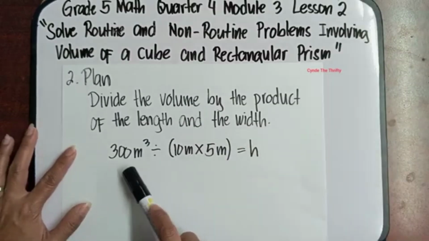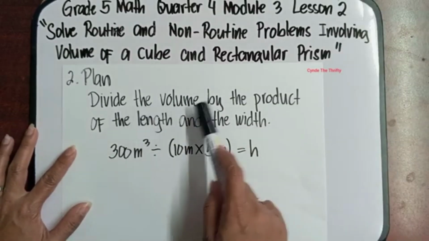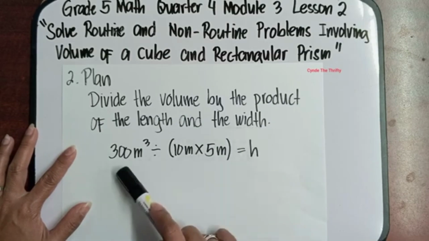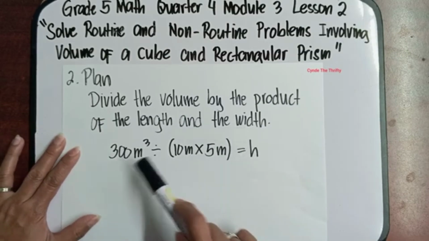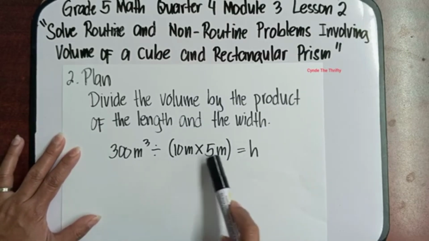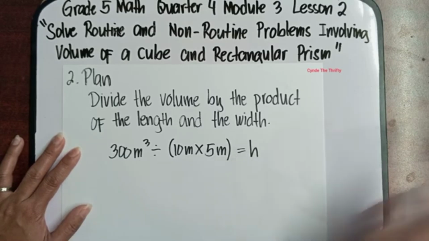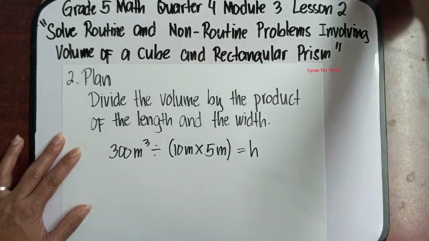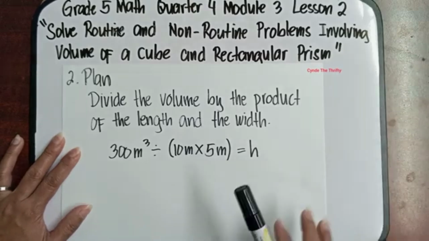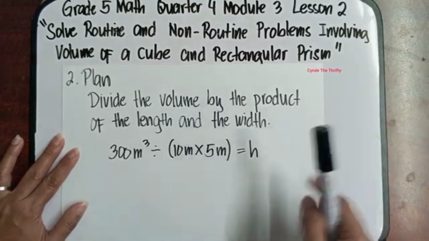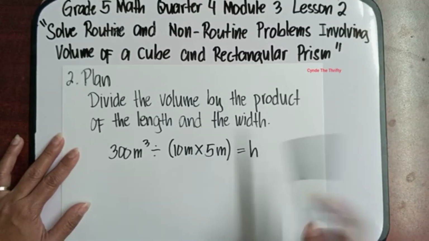So, 300 cubic meter divided by the product of the length and the width is equal to, ano yung hinahanap natin? Ang kanyang height. Kasi ang problem natin is how deep is the water tank, kung gaano kalalim. So, height ang hinahanap natin.